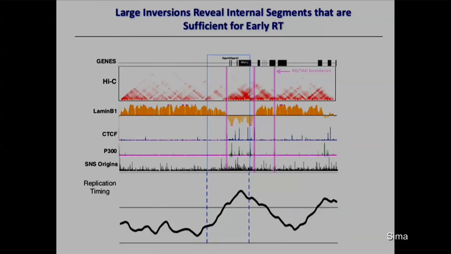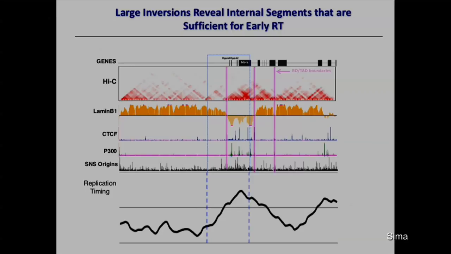Next, we also had a very interesting inversion of 680 kb, as shown in this blue box. The left half of this region is the TTR, and the right half is the DPPA domain.